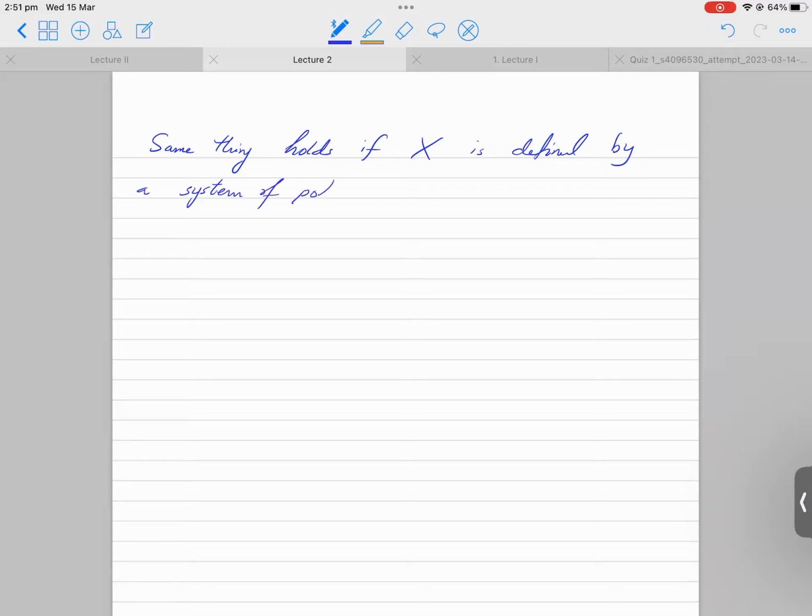What do I mean by that? I mean you have L different polynomials in several variables, and X is, in some sense, the set of solutions of these polynomials.